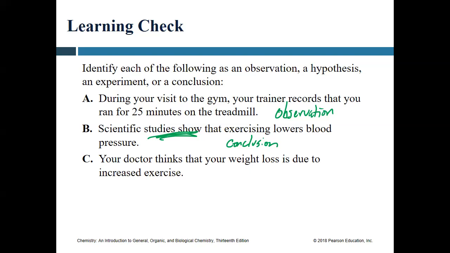We have to think of it in some kind of way as a concluding statement, because we now have evidence to support it. Whereas with a hypothesis, we don't necessarily have the evidence. All right, letter C. Your doctor thinks that your weight loss is due to increased exercise. This one is a hypothesis.